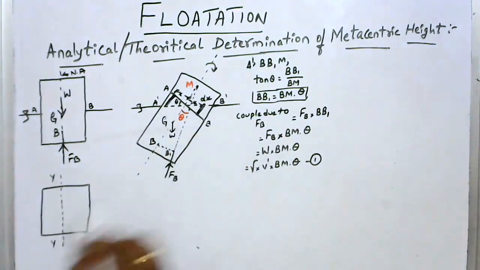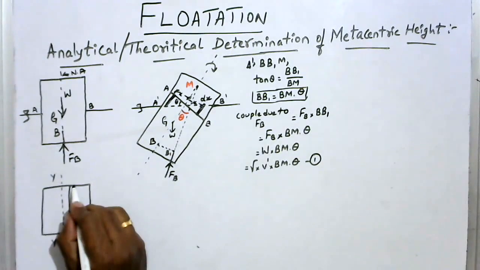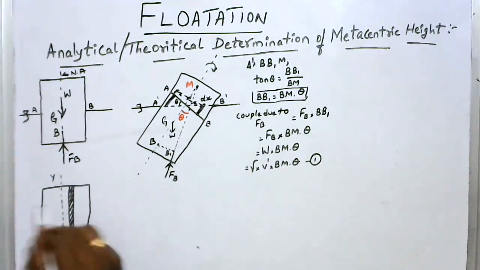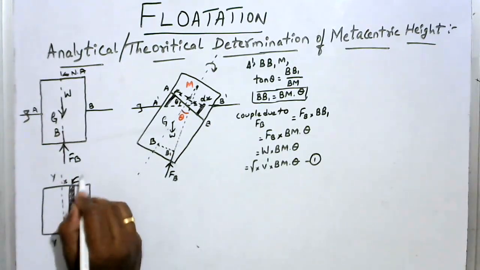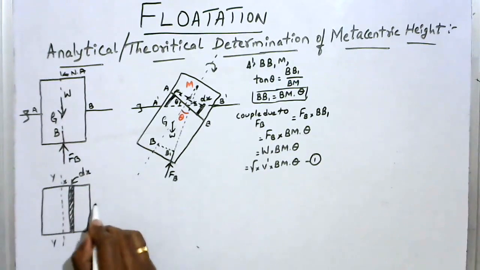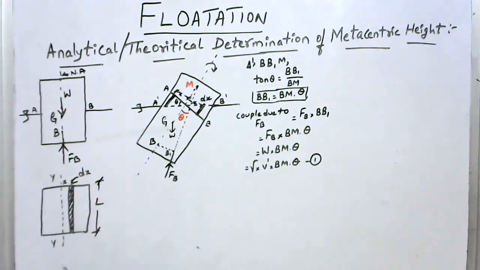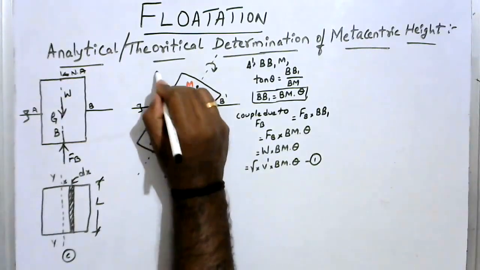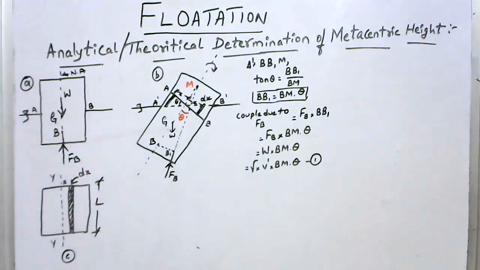If I write, this dx will be longitudinal like this, that is the elemental strip on either side at a distance x. The thickness is dx. L is the length of this strip. This I'll call figure C. This is figure B. This I'll take as figure A.